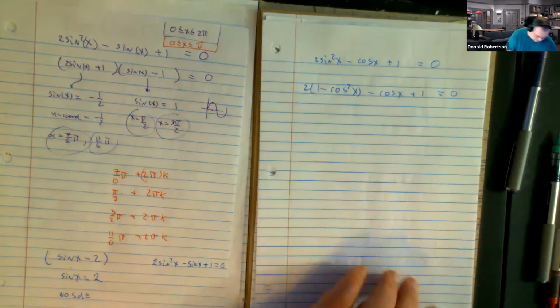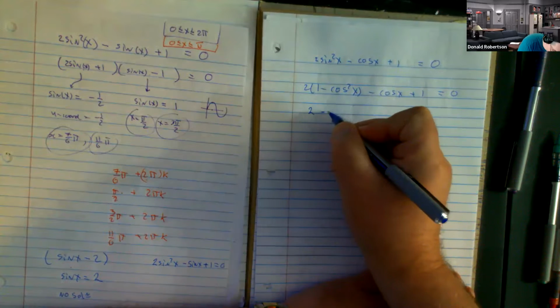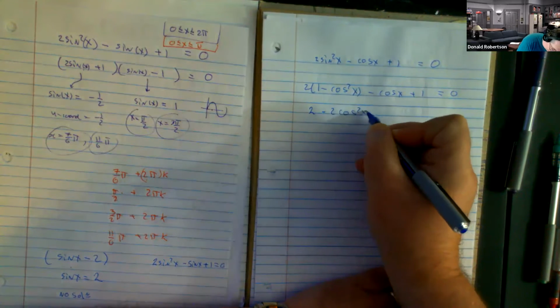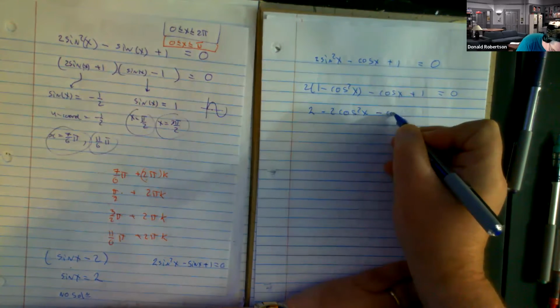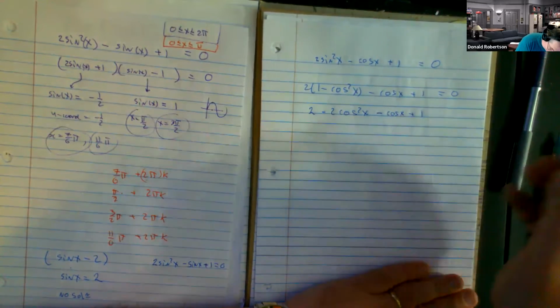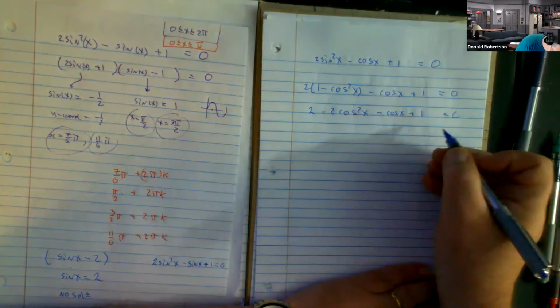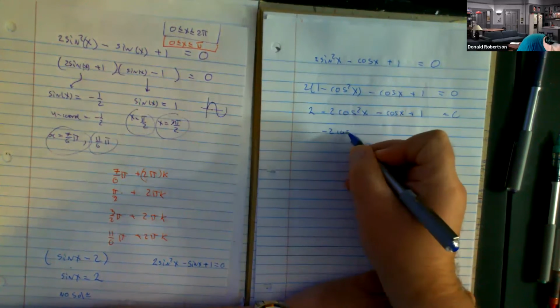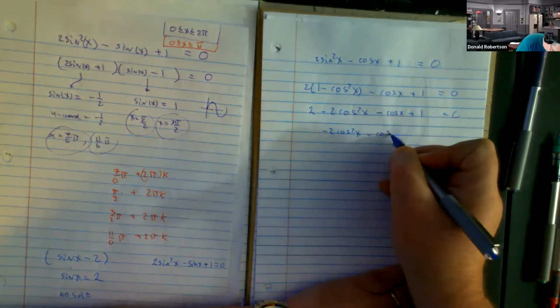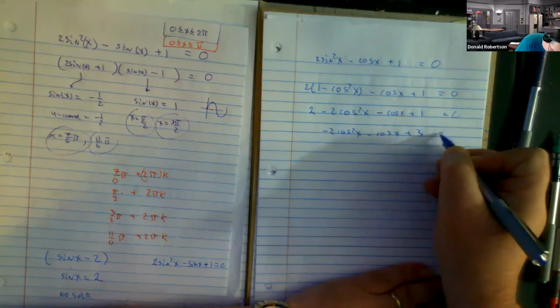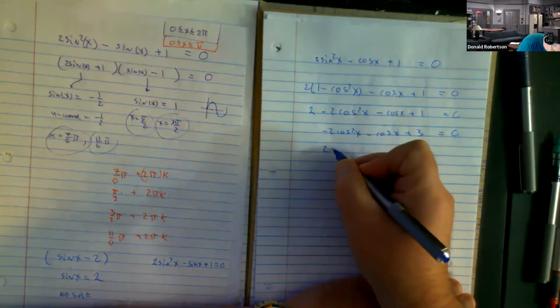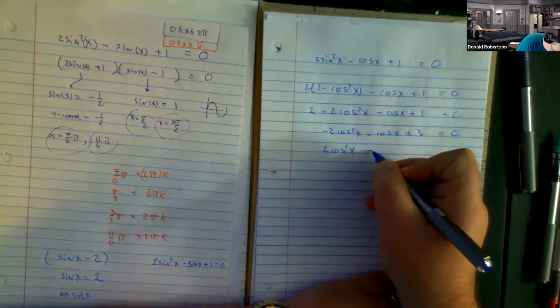So if I did that, I would then have 2, take away 2 cos squared x, take away a cosine x plus a 1, and then make it look pretty. You would at least collect the numbers together and then multiply everybody by negative, which essentially just changes their sign.